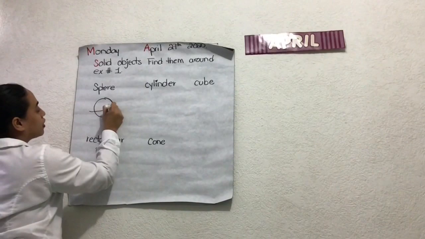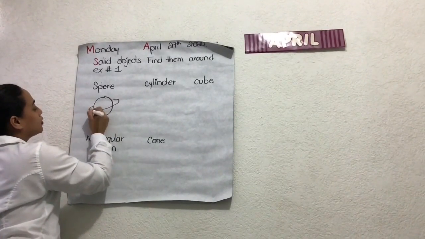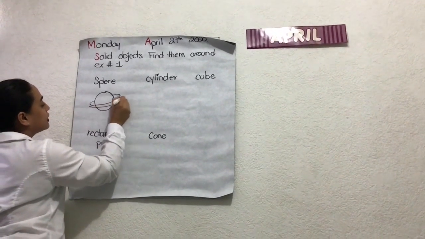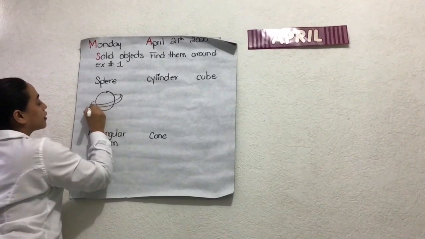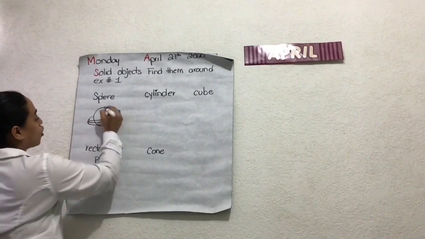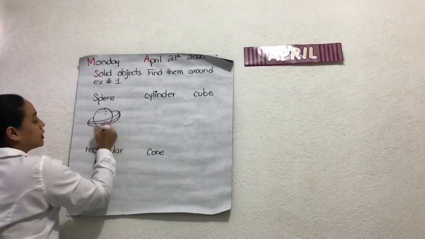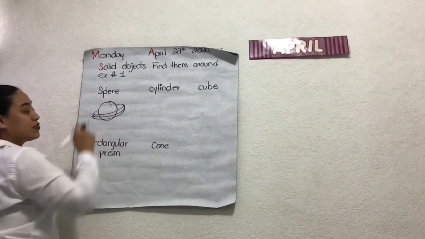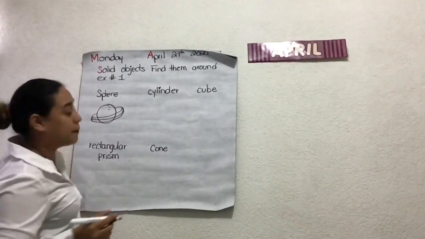Remember, I always talk about the planets. So the planets contain a sphere. So this I'm going to draw, and then I'm going to make little circles. A planet, it is a sphere. It's round. The moon, many things.